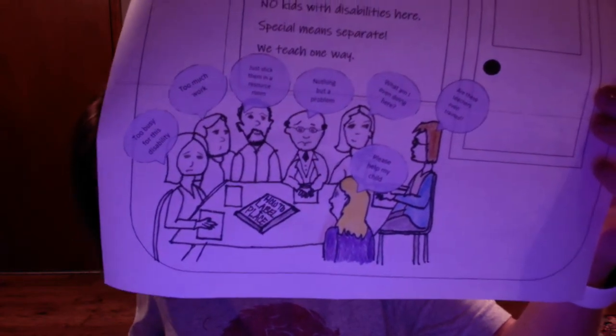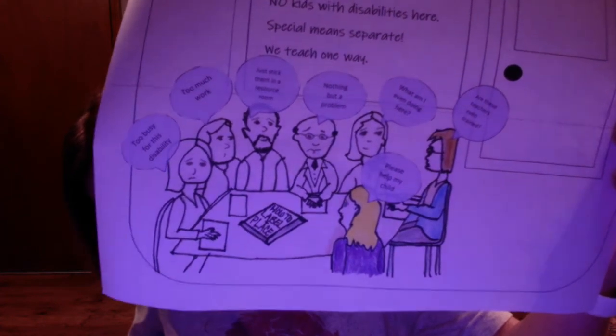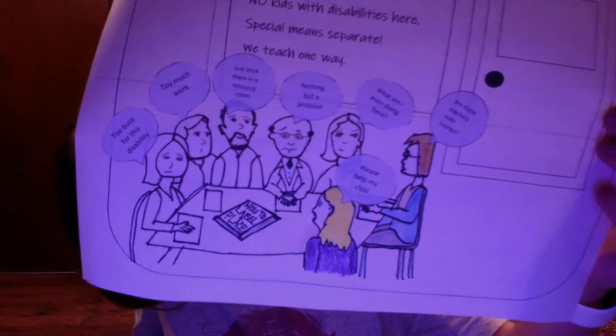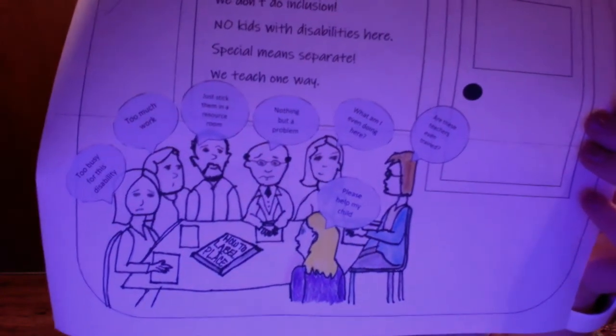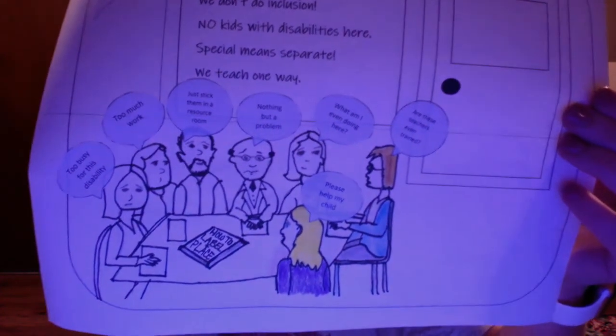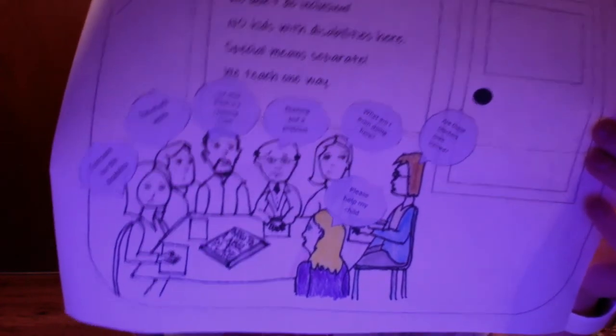You have another person, we'll just label him the school psych or the administrator. We'll just stick them in the resource room. That's where all their needs will be met easily. That teacher's qualified to teach them, and I won't have to be involved. So let's just stick them in the resource room. There's another gen ed teacher.